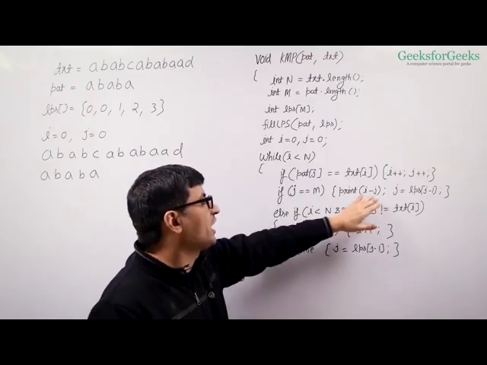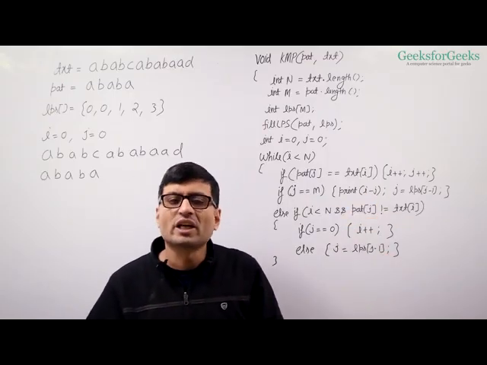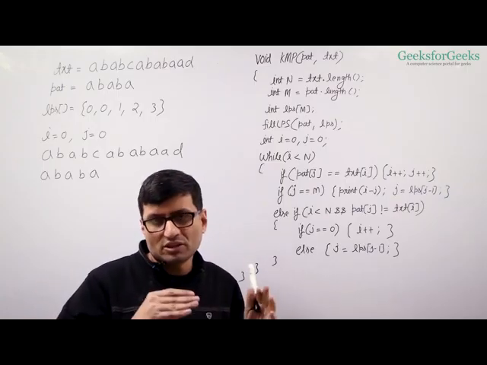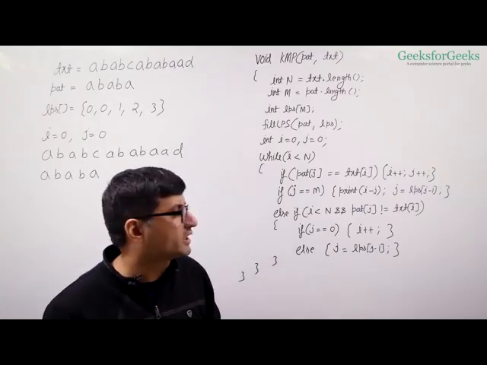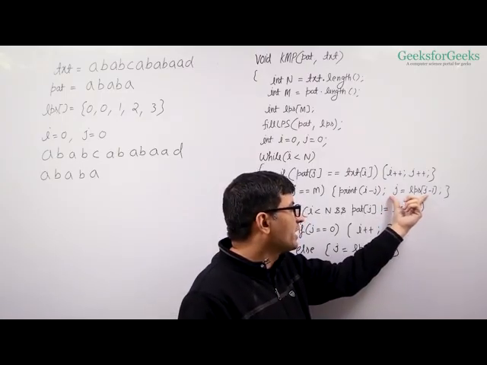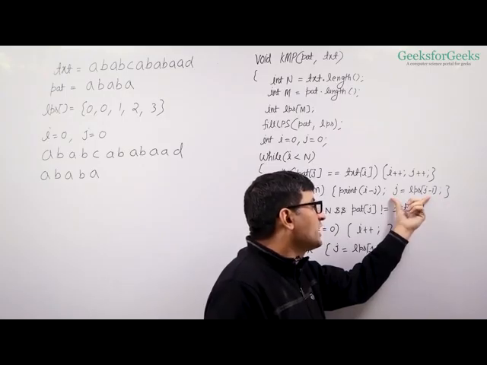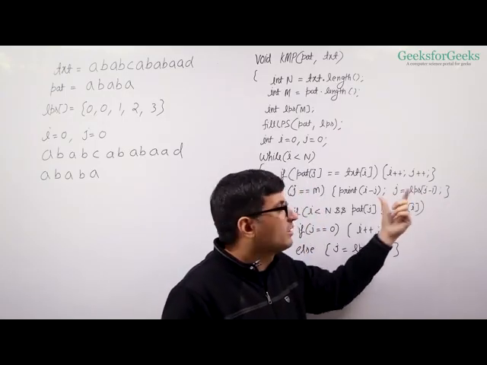Or you can write i minus m also, because i is the current character and you will find the beginning of this shift by doing i minus m. And then we use the LPS array to find the next value of j. That is something we discussed and checked in the previous example.